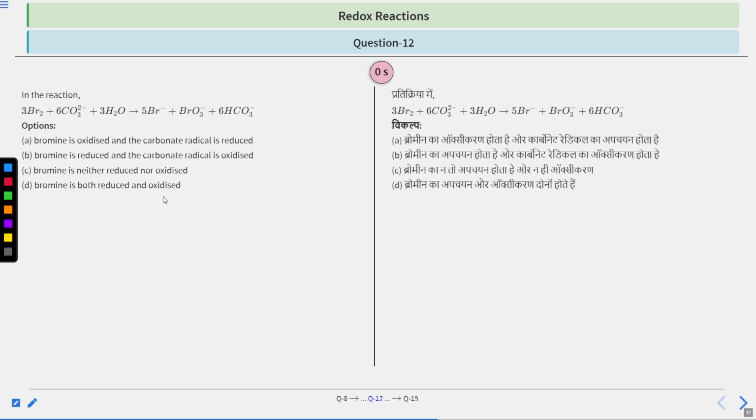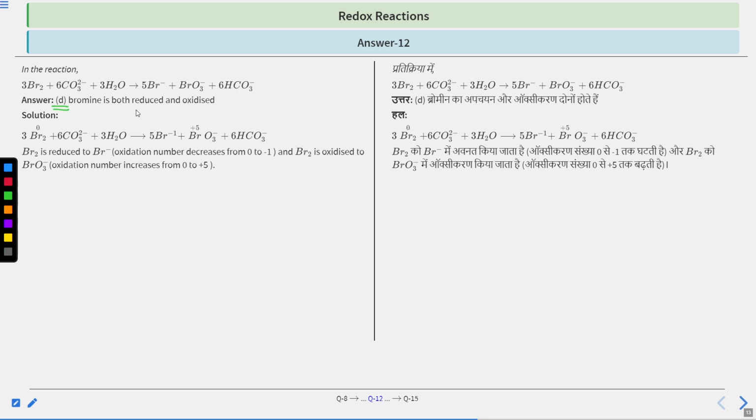Okay, let's see. The correct answer is option D, that is bromine is both reduced and oxidized. If we find the oxidation states in this reaction, Br2 is in an elementary state, so it has 0 oxidation number. On the product side, we have two Br species: one is Br- with -1 oxidation number, and the other is BrO3- with Br at +5 oxidation number.